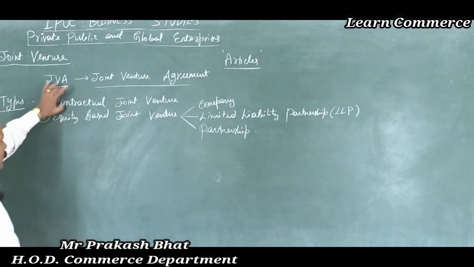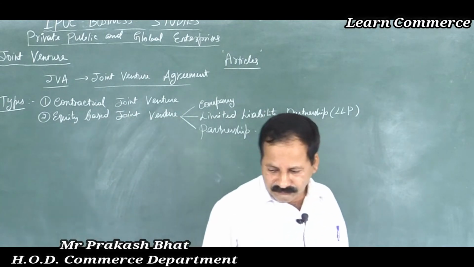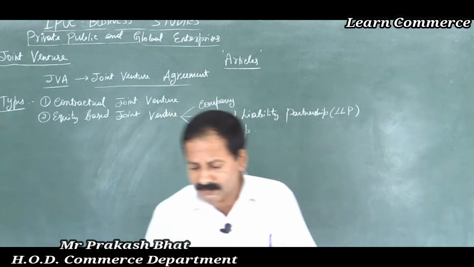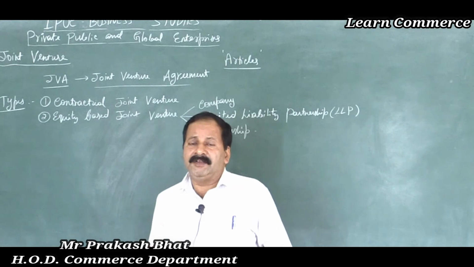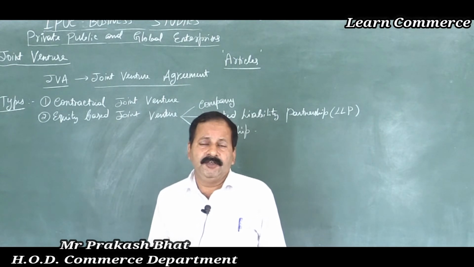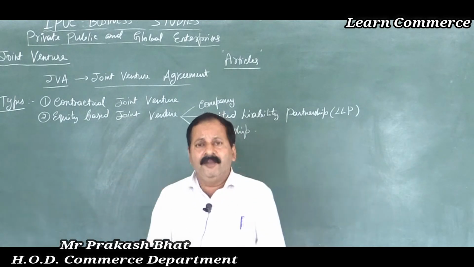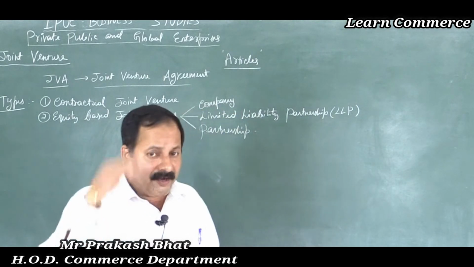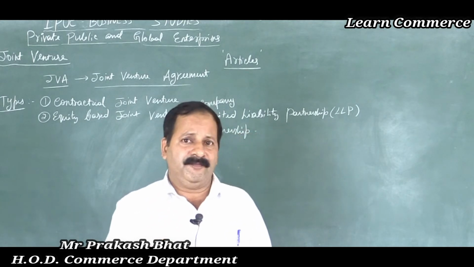Now let us take up the first one, contractual joint venture. Here under contractual joint venture, a new separate joint venture or new company will not come into existence, friends. Two separate independent units, no doubt they will come to an agreement, they will form a joint venture agreement, they will start business, but for starting a business, they will not create a new entity as such.